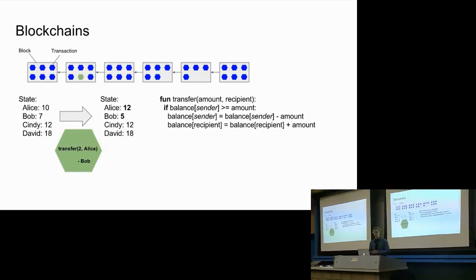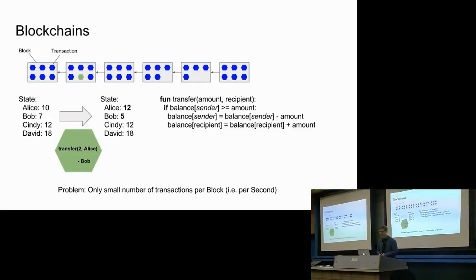And the second property, which not all tokens have, but most useful tokens have, is that your balance can never be negative. And this is the main check that is performed in the transfer function example. It checks that the balance of the sender is at least the amount the sender wants to send. And if that check works out, then we have the effect. The amount is removed from the balance of the sender, and it's added to the balance of the recipient. Okay.